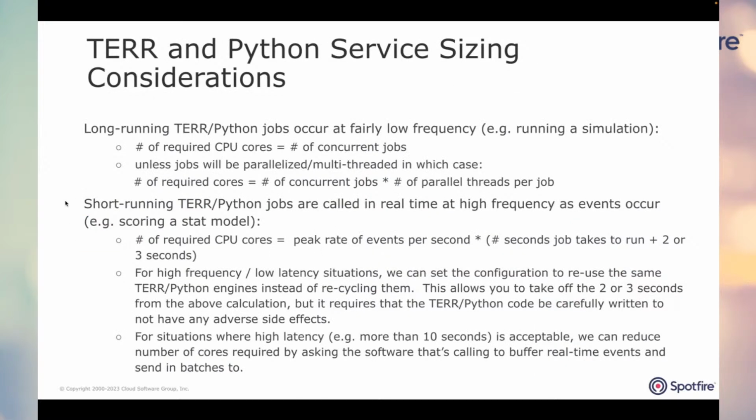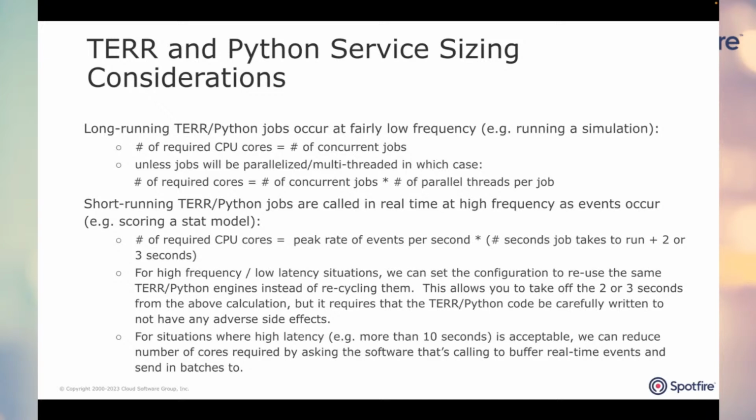So one of the things: are there long-running Terra Python jobs? Terra and Python are more CPU intensive, because typically the number of engines that are started up defaults to the number of CPUs on the machine.